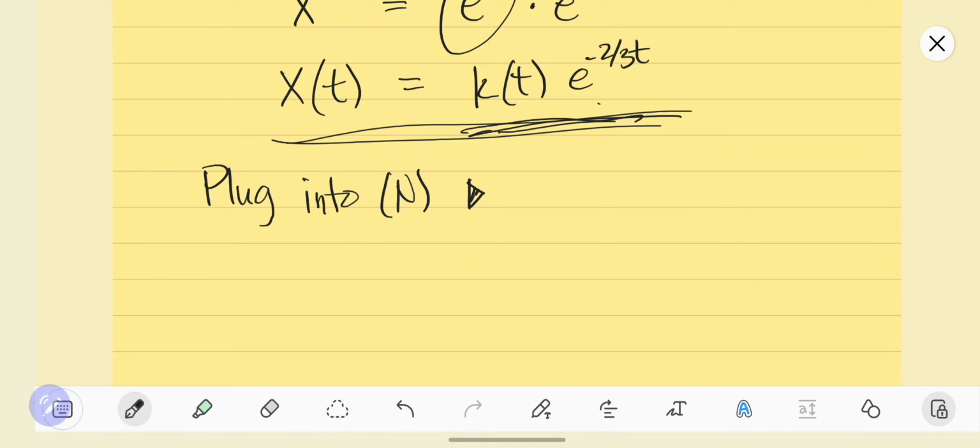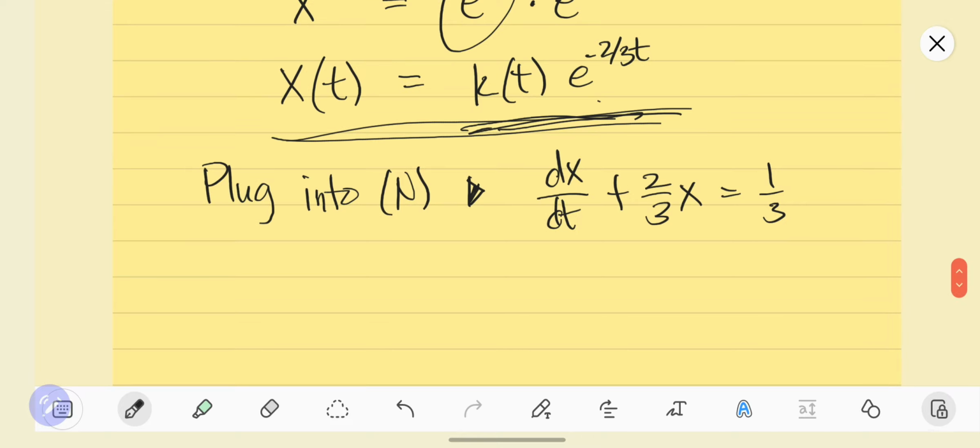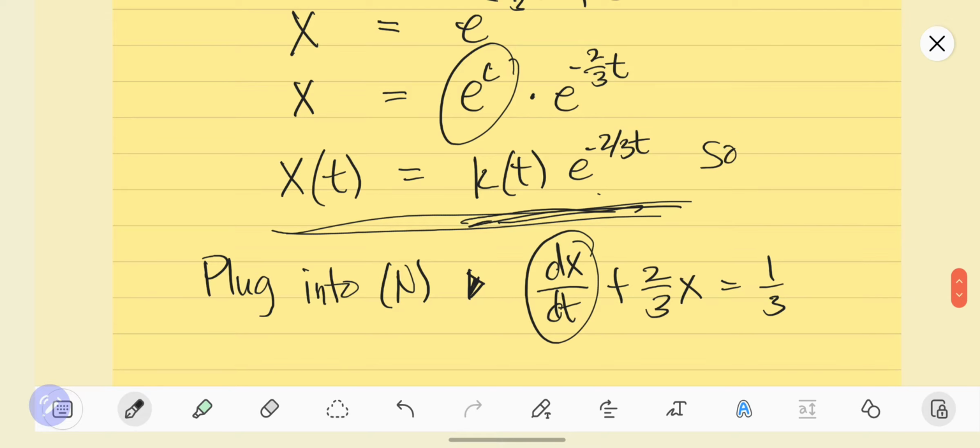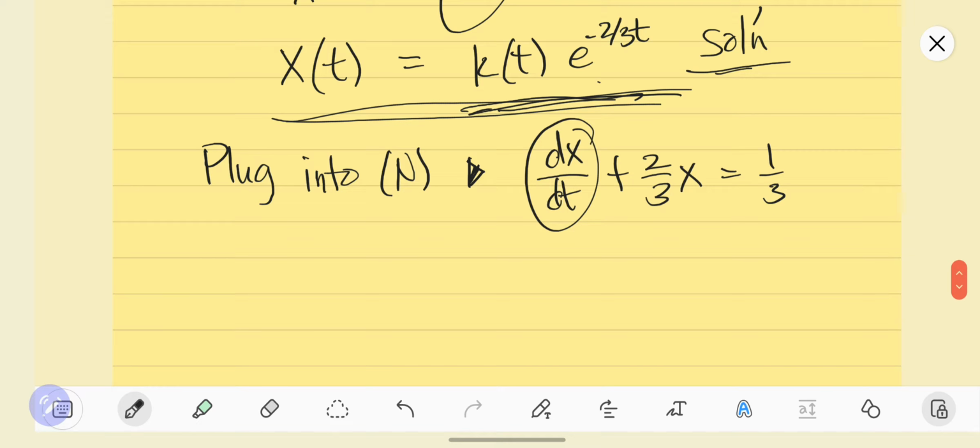So your non-homogeneous equation is dx over dt plus 2/3 x is equal to 1/3. But you try to get this dx over dt or the derivative. So you derive this to get the dx over dt.